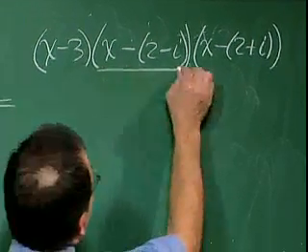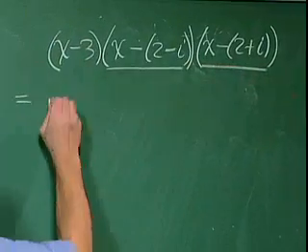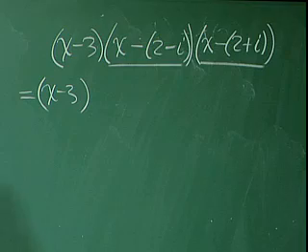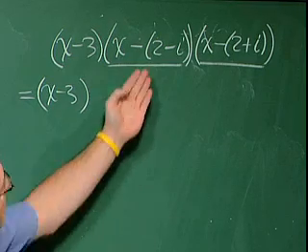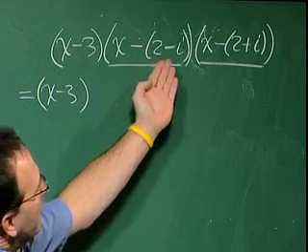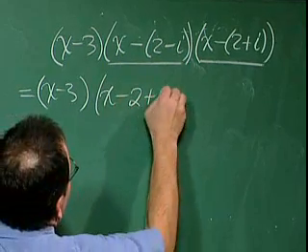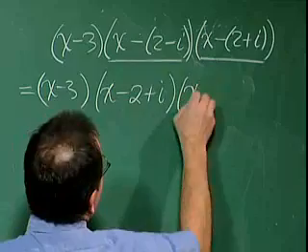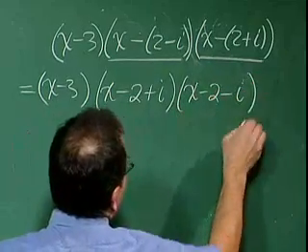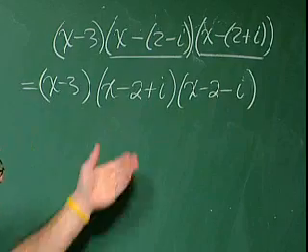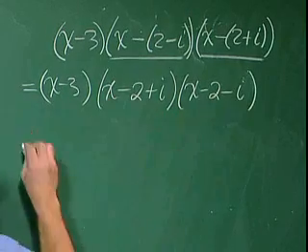Let me deal with these two first. So we'll write our x minus 3 and leave it in its parentheses as such. Now what I'll do is distribute the minus signs, and that's going to give me x minus 2 plus i, x minus 2 minus i. I'm going to do a little bit of grouping here.